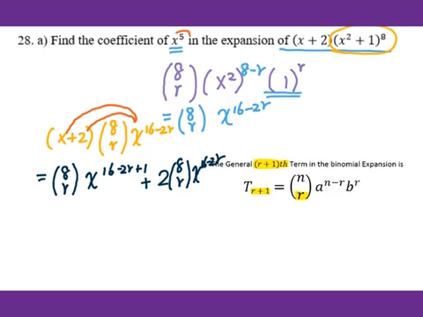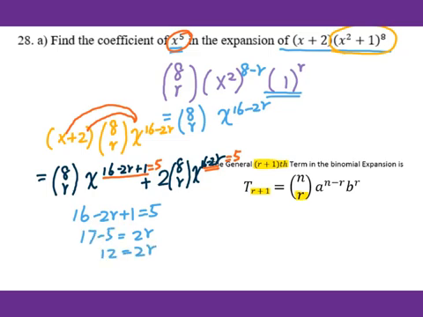Since I'm looking for x to the fifth power, these exponents have to be set equal to 5. Then we solve 16 minus 2r plus 1 equals 5. Then move 2r to the right side. You get 17 minus 5, 12 equals 2r. So r equals 6.